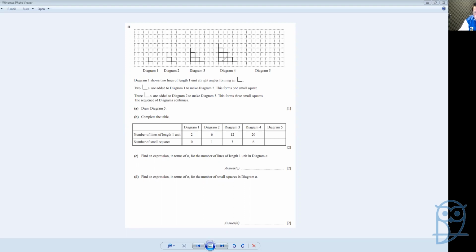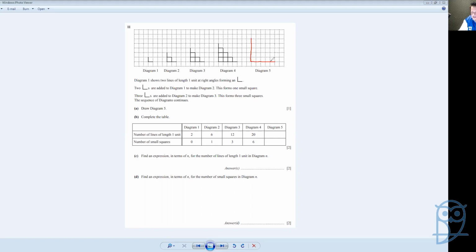Well, we've got 1, 2, 3, 4 lines at the bottom, 1, 2, 3, 4 lines at the top, diagram 4, 3 lines, diagram 3, 2 lines, diagram 2. So it makes sense. There's going to be 5 lines at the bottom and 5 lines at the top. Now you may see I'm not drawing the L shapes, and that's because I am choosing how I'm going to draw this. The marker has no idea how I've decided that I'm going to do this.